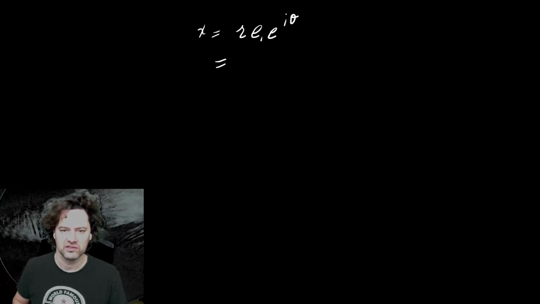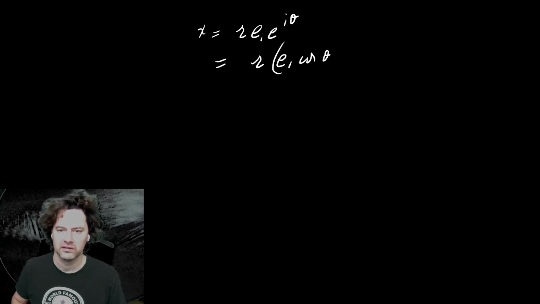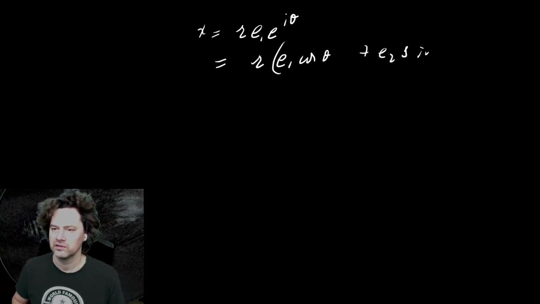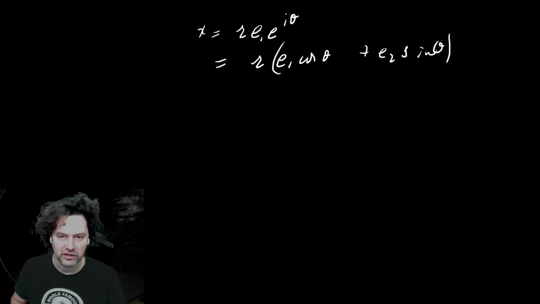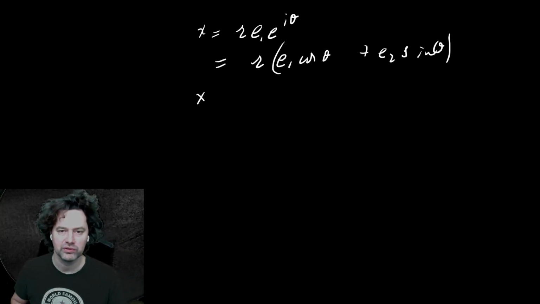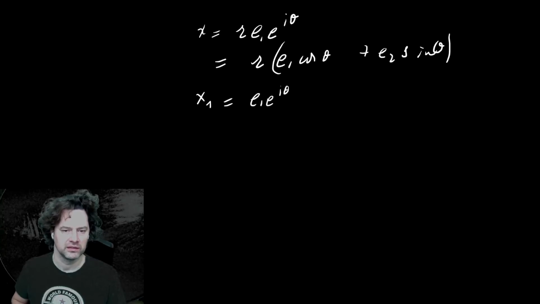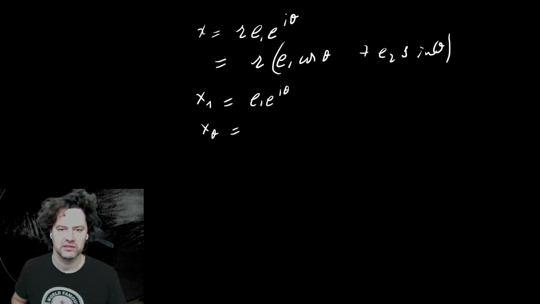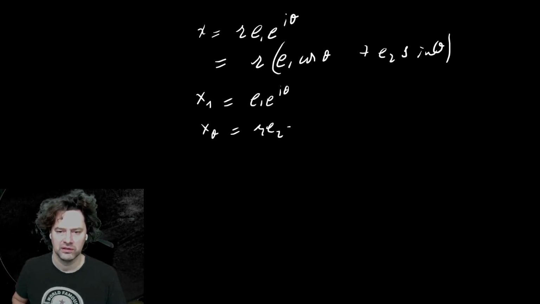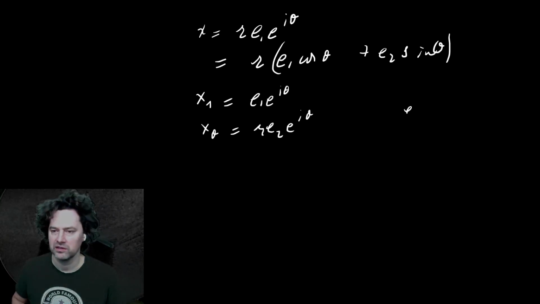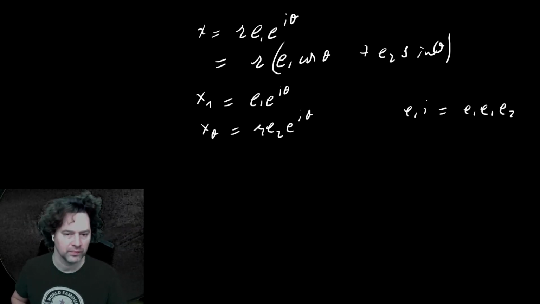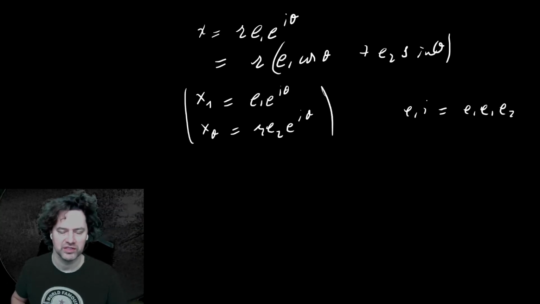So this is just a fancy way of writing e1 cos theta plus e2 sine theta, but we can compute our curvilinear coordinates with respect to this r theta parameterization, and we get x_r is e1 e to the I theta, and x_theta is our e2 e to the I theta, since e1 times I is e1, e1, e2, which is e2.